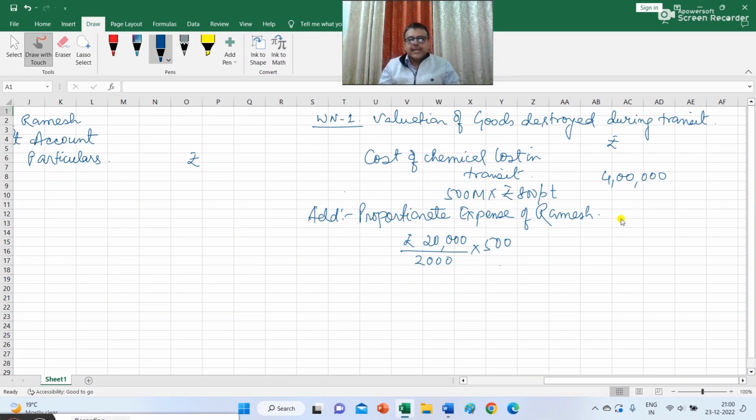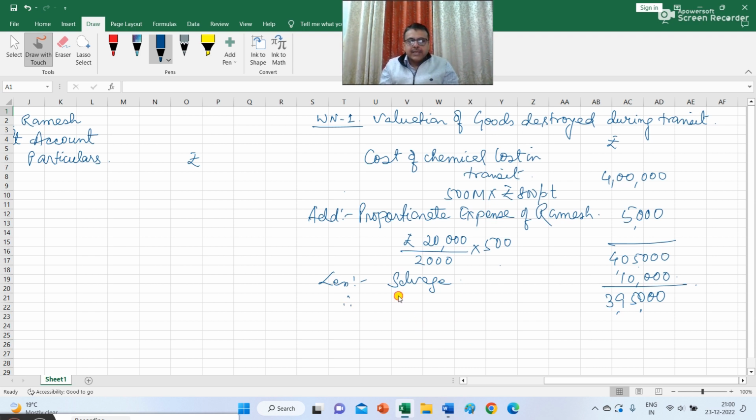So the proportionate expense of Ramesh that is to be added to the cost is rupees 5,000. So 4 lakh 5,000. Now from this figure we have to deduct the value of salvage, which was the stock which was saved from the loss. So 3,95,000 is the cost of goods which was lost due to fire.